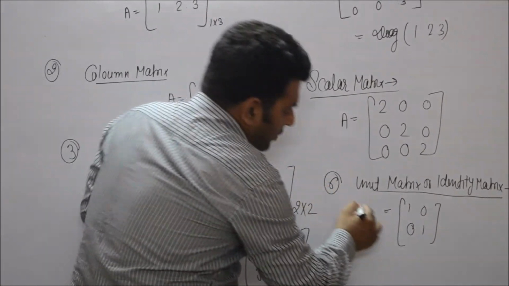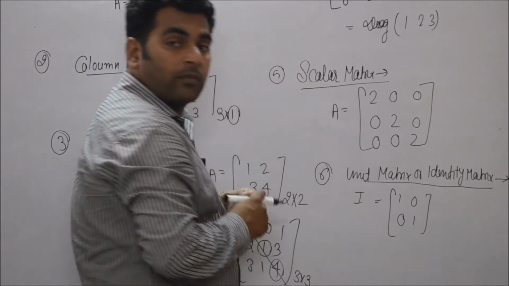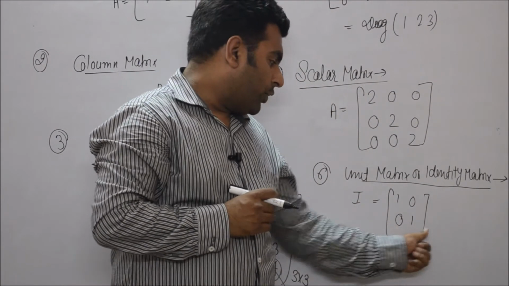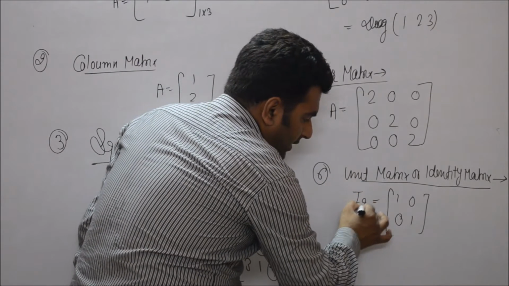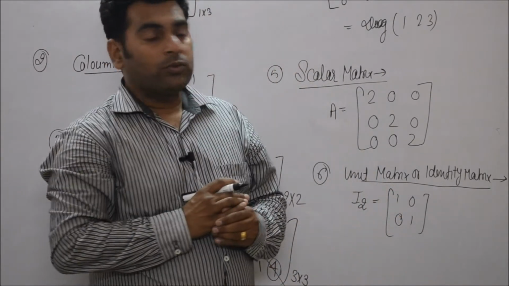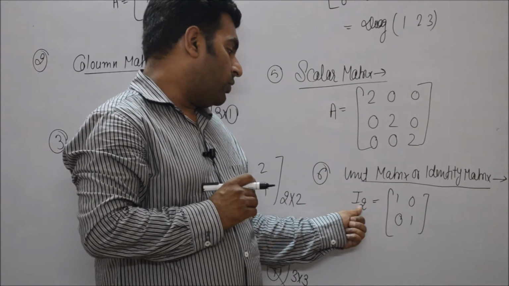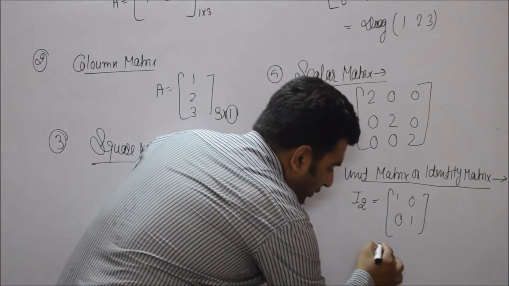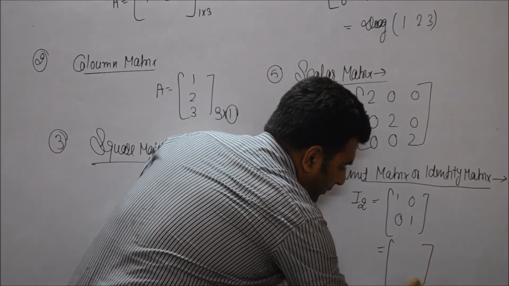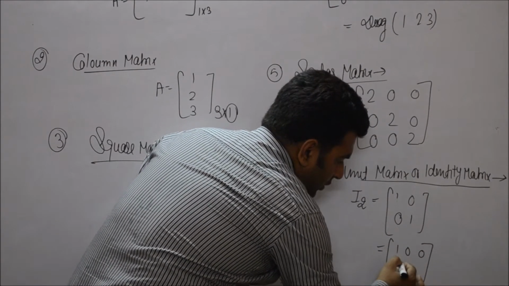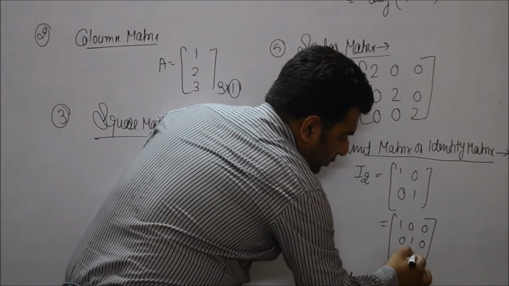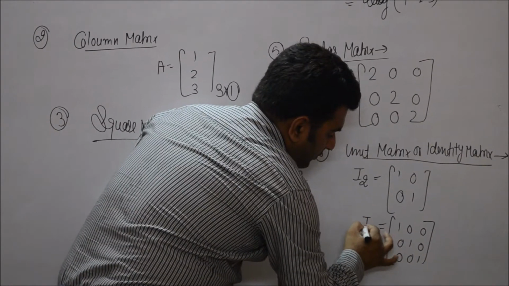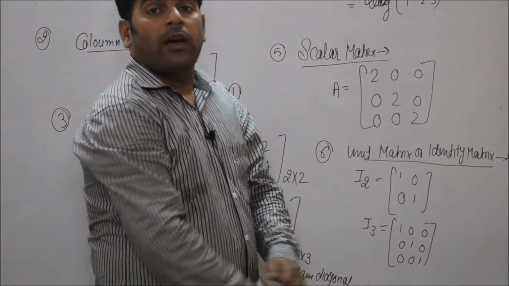It is denoted by I. This is a matrix of order 2 by 2 and it is denoted by I2. So I2 is an identity matrix of order 2 by 2. It is 1 0 0 1. Another example of order 3 by 3 is 1 0 0, 0 1 0, 0 0 1. This is called I3.